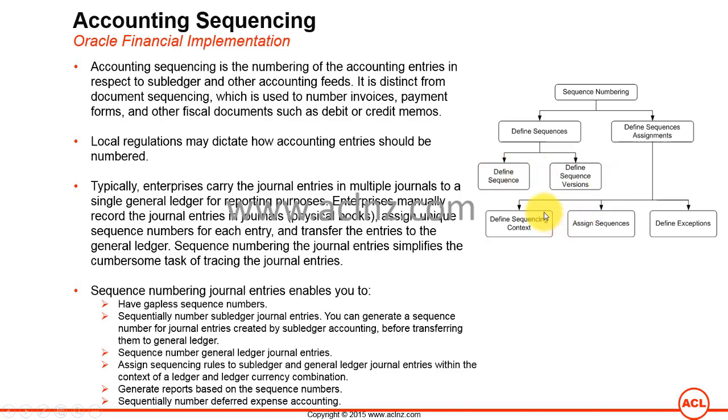Then you can define a sequence context, as to what context that particular sequence is being used, and then you can assign the sequences to the entities, for example payables related journals or receivables related journals and so on. And lastly you can define the exceptions. Once you have done that, you can define the sequencing assignments, and that's where the sequences start getting used as soon as a new transaction within that entity takes place.